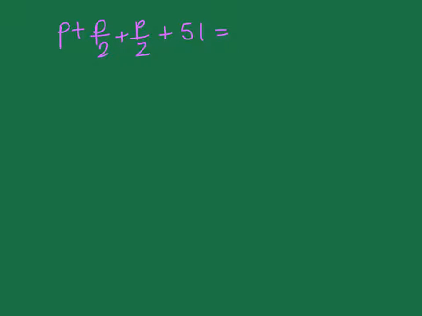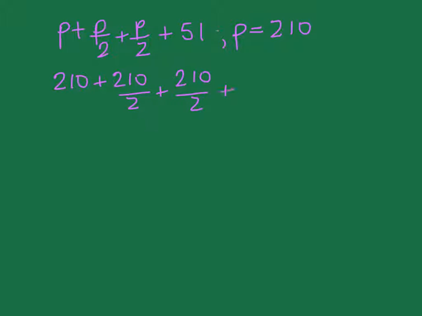So now I'm going to substitute in, let me erase that because I need a semicolon here. And we know that P equals 210. So every time I see a P, I write 210. My order of operations tells me to do the division first in order from left to right. So I know 210 divided by 2 is 105.